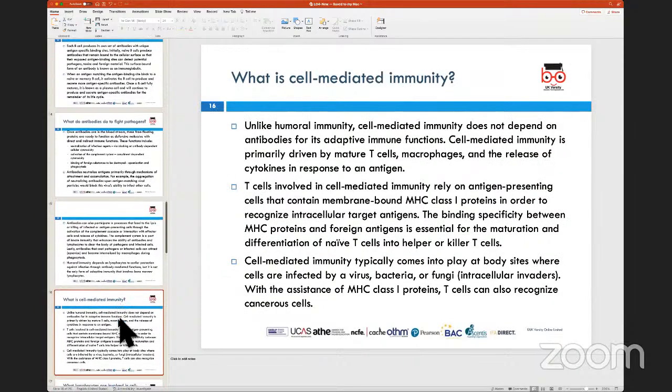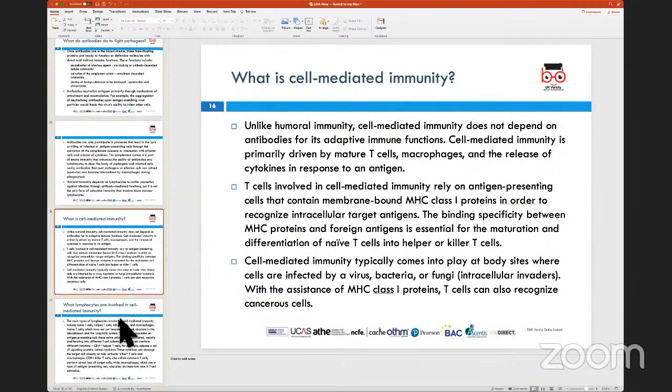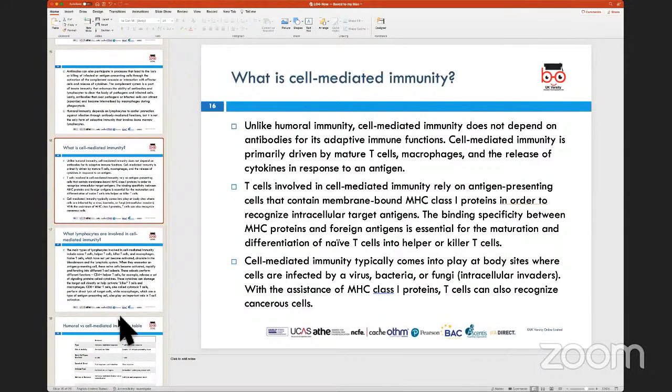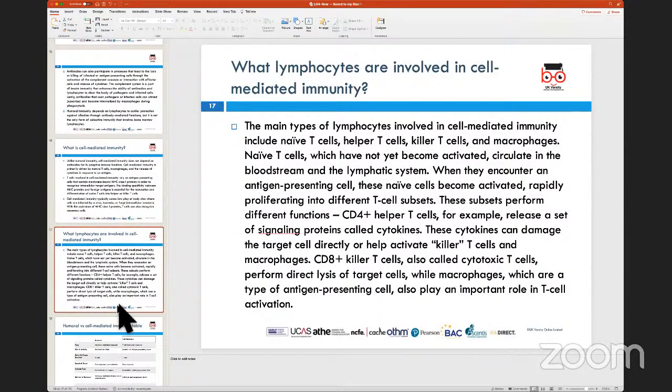And then what I've also done is I've explained what is cell-mediated immunity in detail. And when we look at cell-mediated immunity, what are the different types of white blood cells, specifically the T cells, which are produced in the body, which would then allow the body to provide cell-mediated immunity or immune defense system in the body.